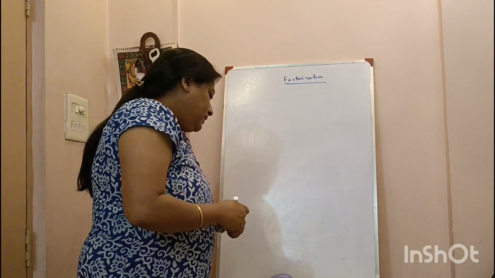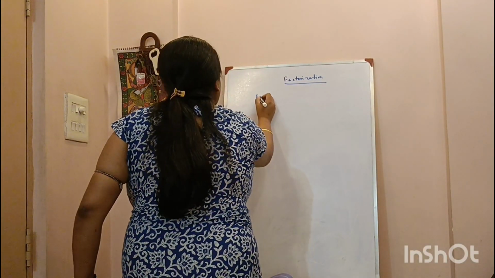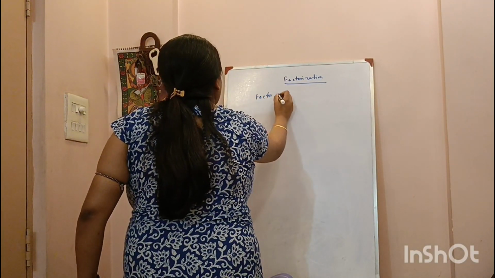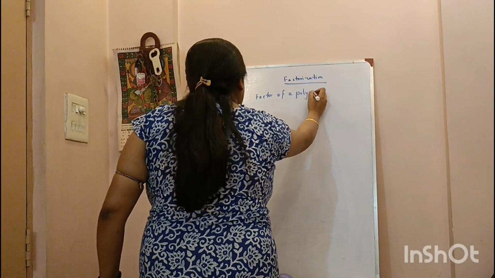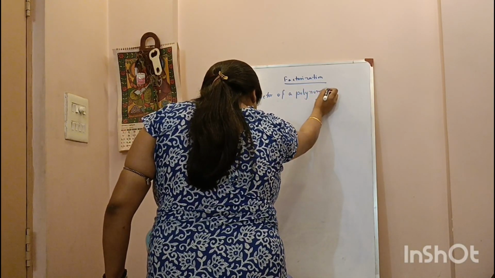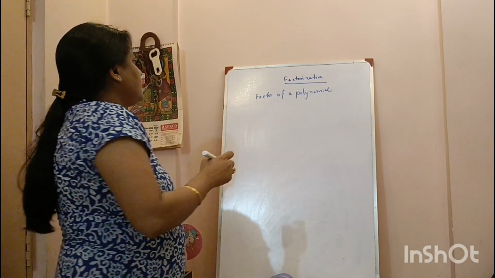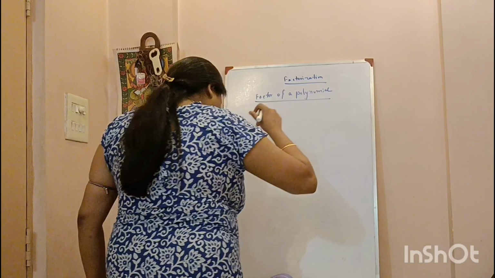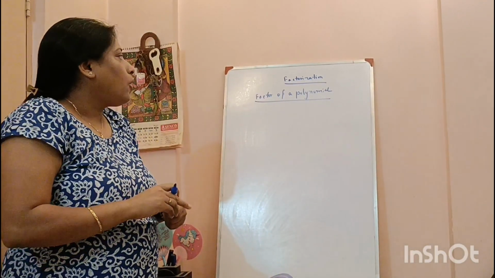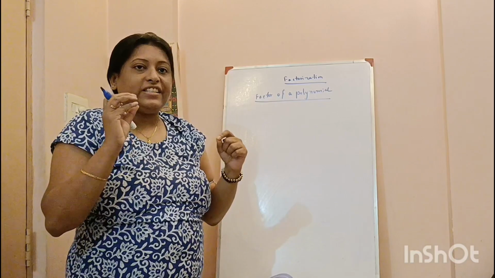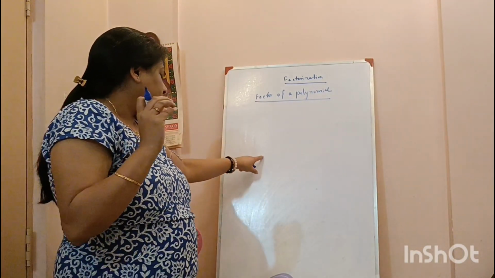Okay, next is factor of a polynomial. What is a factor of a polynomial? Two polynomials f(x) and g(x).